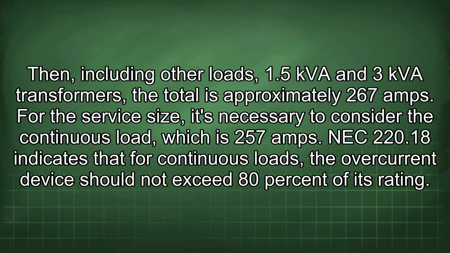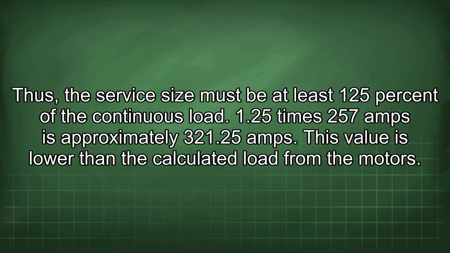NEC 220.18 indicates that for continuous loads, the overcurrent device should not exceed 80% of its rating. Thus, the service size must be at least 125% of the continuous load. 1.25 times 257 amps is approximately 321.25 amps. This value is lower than the calculated load from the motors.